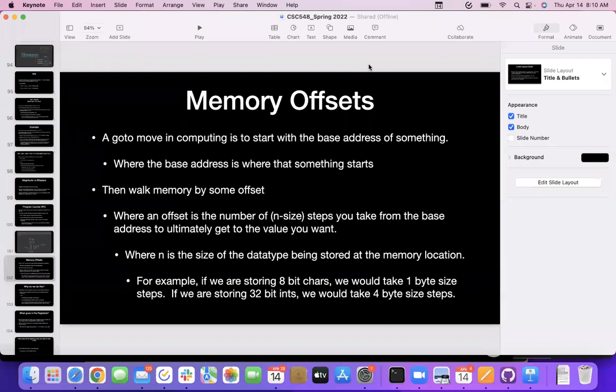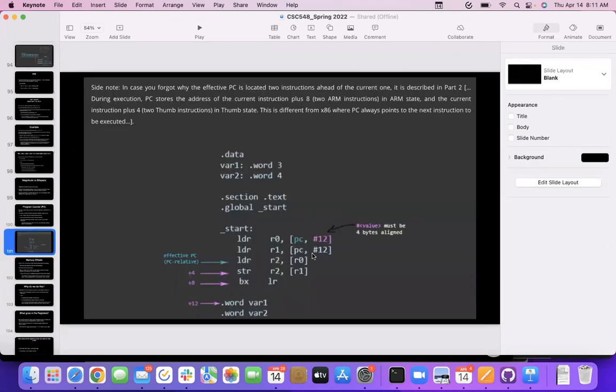And then if you want to get to bucket 7 of that array in memory, you will take 7 integer size steps through memory from a starting point to get to the actual place in memory. And that's not dissimilar to what's happening right here. This says we're going to put some value in R0. What value are we going to put there? Well, we're going to start off with wherever the program counter is.